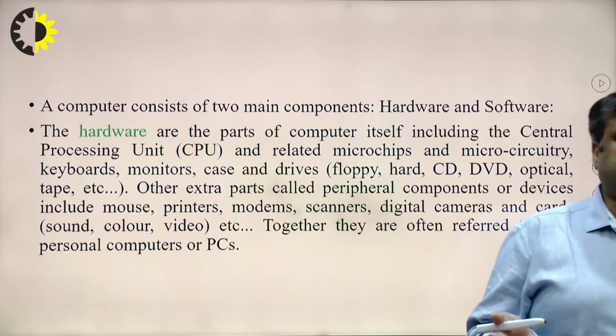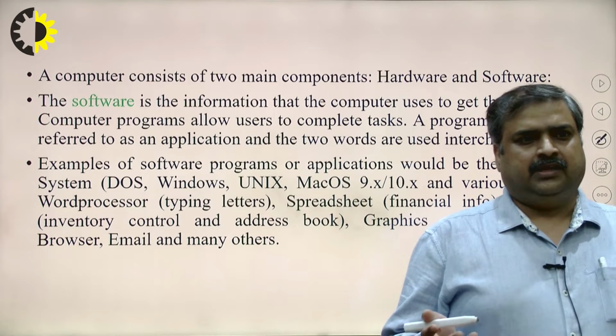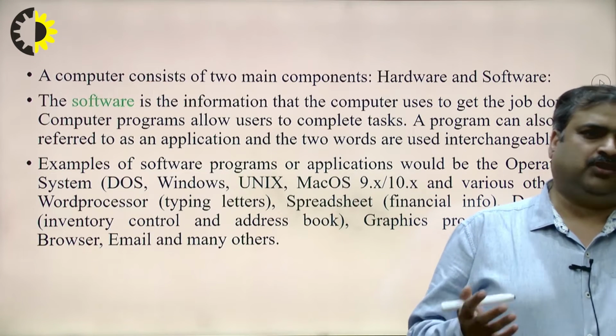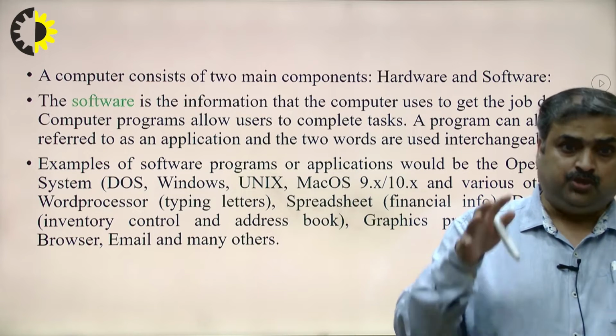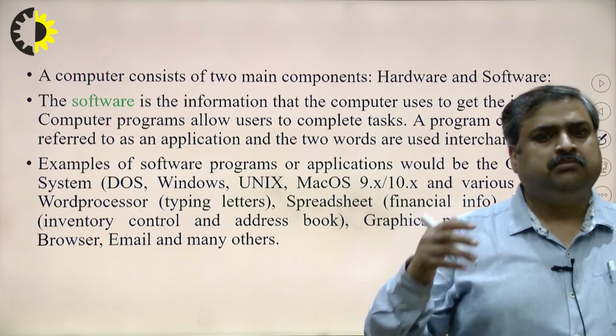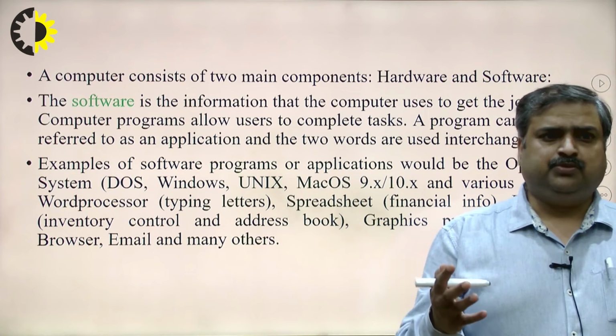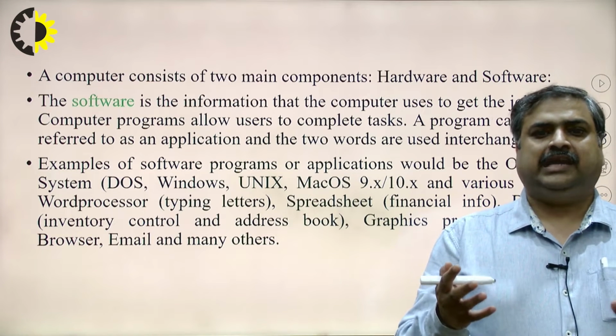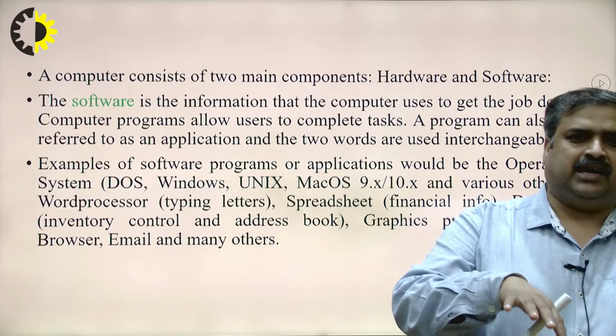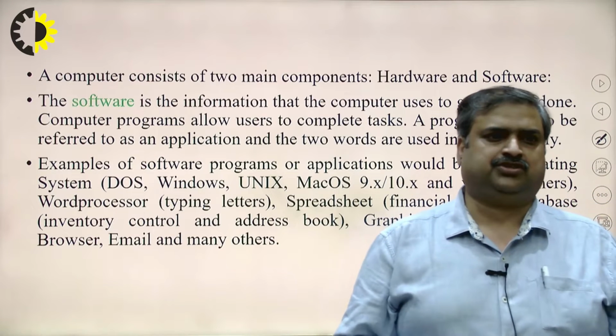These all are hardware. Another component is software. Software is basically the information that the computer uses to get the job done, and it allows the user to complete tasks, or lets the hardware complete the task based on the software instructions.